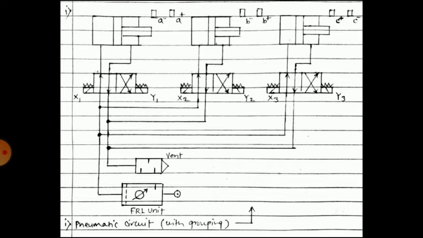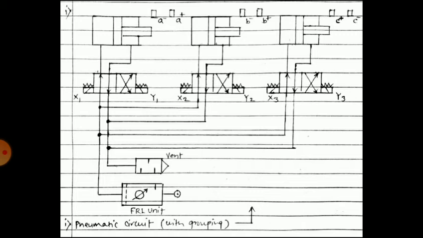So you can see at the bottom there is a FRL unit and the vent, and that FRL unit will operate all the three cylinders. Then you will see the 4x2 both side solenoid operated valves. Solenoids X1 and Y1 are for DCV1. Then X2, Y2 are for DCV 2, the direction control valve 2.